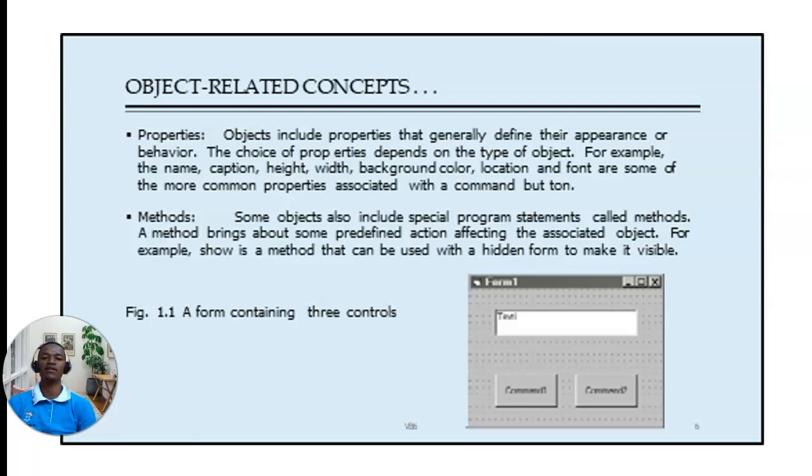It triggers an action that will affect a control that is associated with an object. As you can see, we have a form which has 3 controls. It has a text box and 2 command buttons.